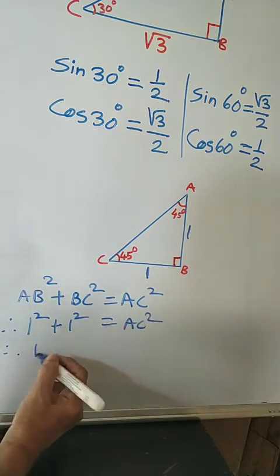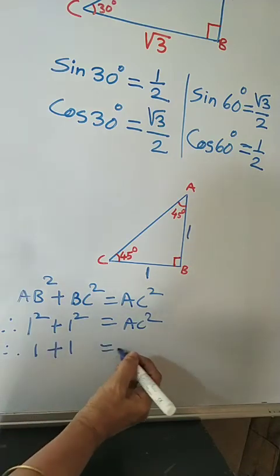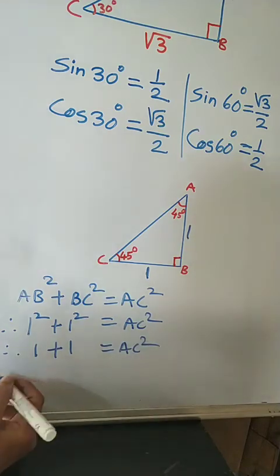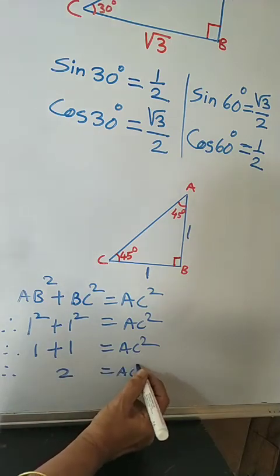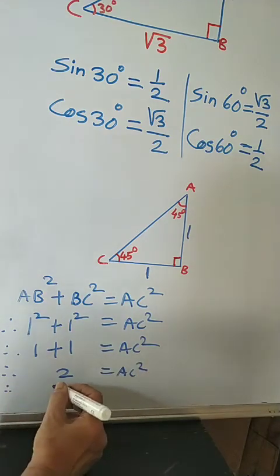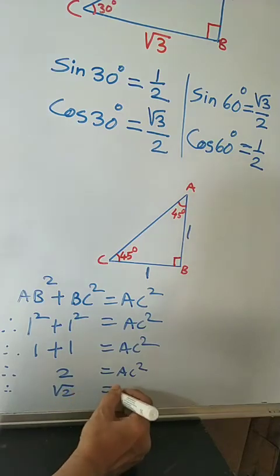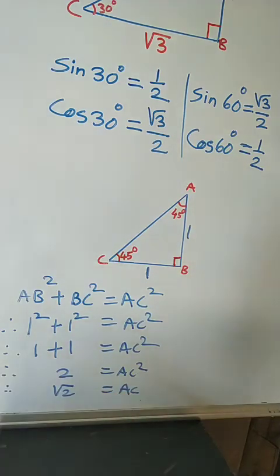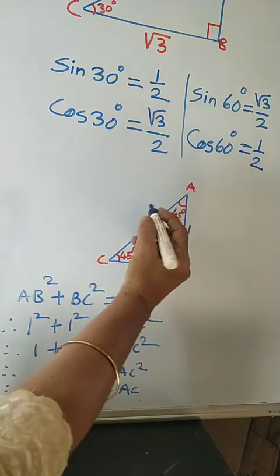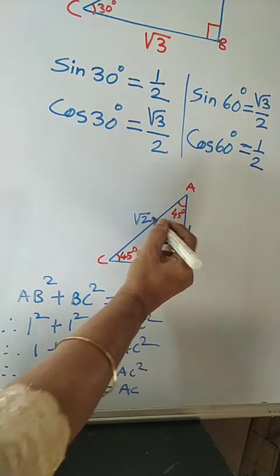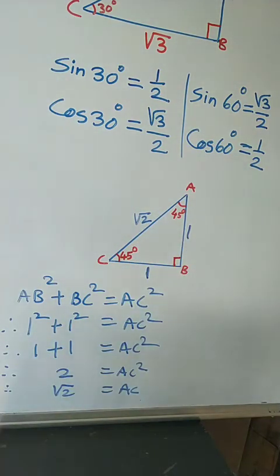Therefore, 1 square is 1, plus 1 is equal to AC square, and therefore 2 is equal to AC square, and root 2 is equal to AC. Observe. So what have we got as the value of AC? The hypotenuse. Hypotenuse is root 2, and we applied Pythagoras for that.